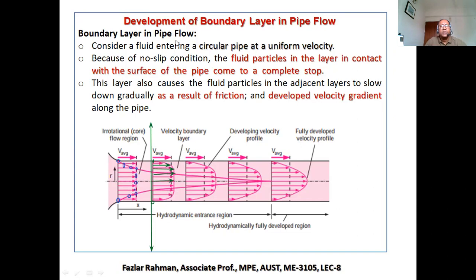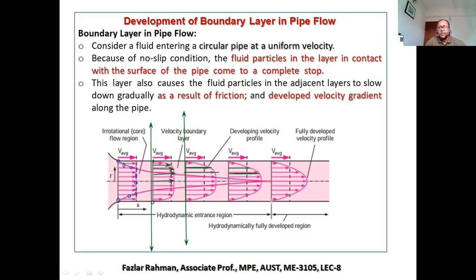Then you try to figure out the velocity profile right over here. You see the velocity of the fluid particle at the wall will again be 0, but from the wall, it travels a far distance right over here. Similarly it happens on the other side. Then you take right over here, you see this particle travels faster than this fluid particle.